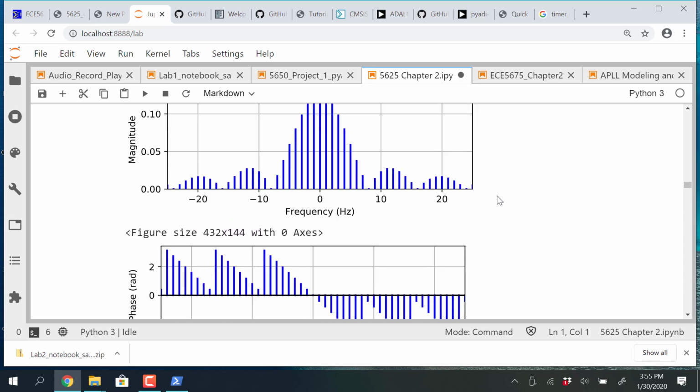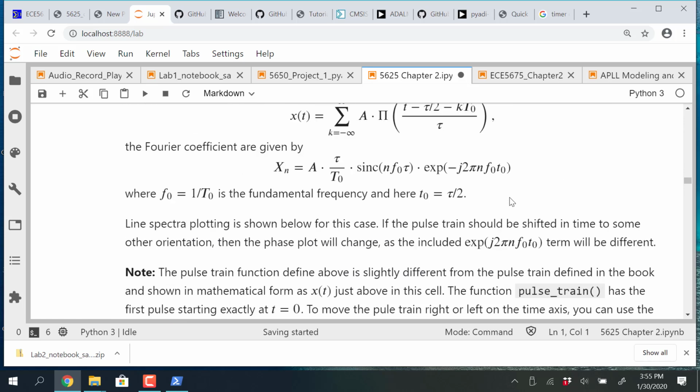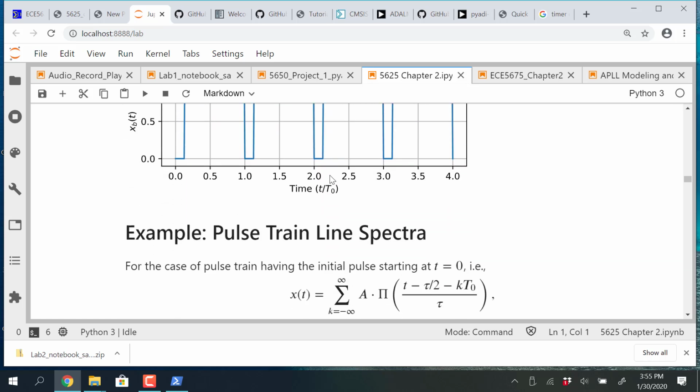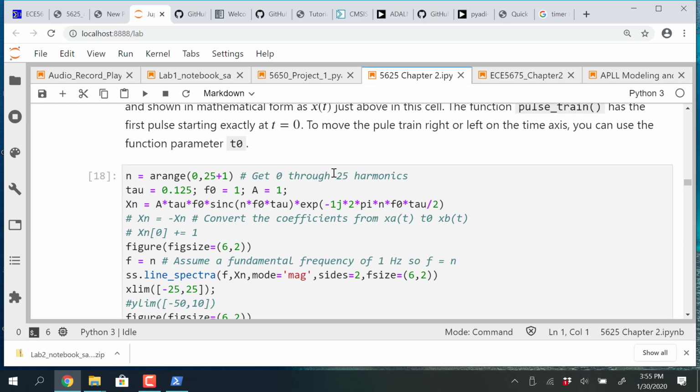So there is the pulse train that has duty cycle tau. So let's just check out this variation that I did here where one waveform is 1 minus the top waveform. So let's just answer a kind of a dummies question. What happens if I modify this waveform?